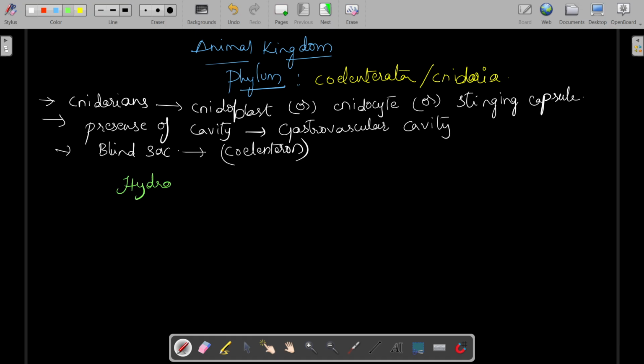Hydra is an example. So draw it. This is Hydra.